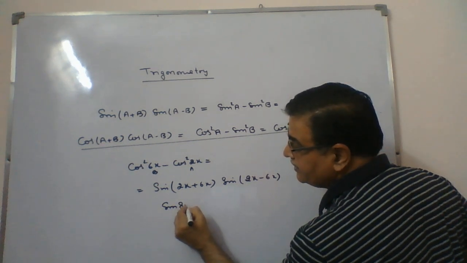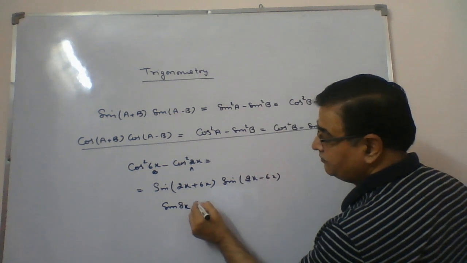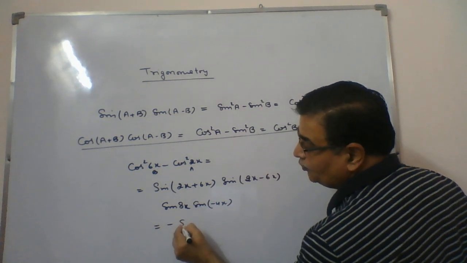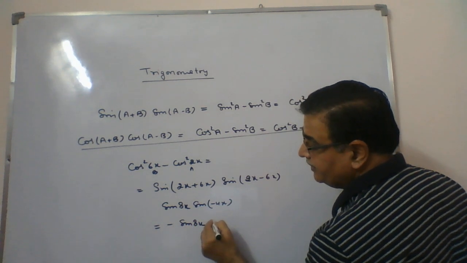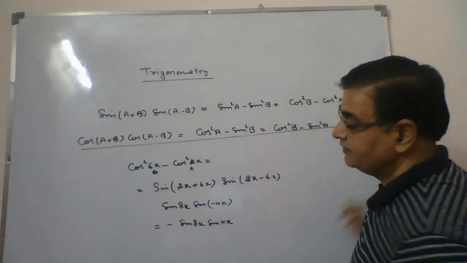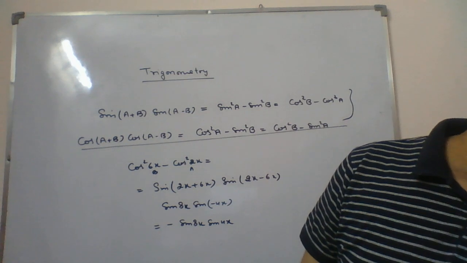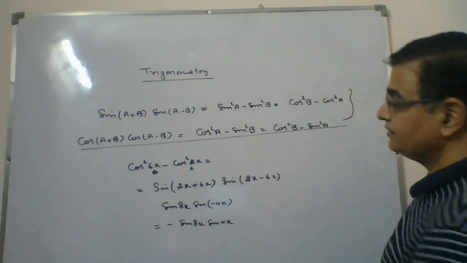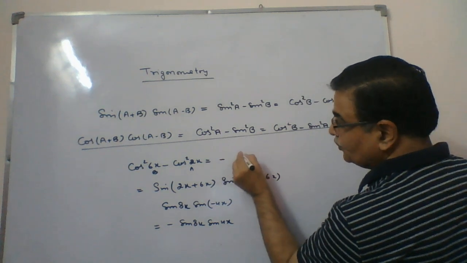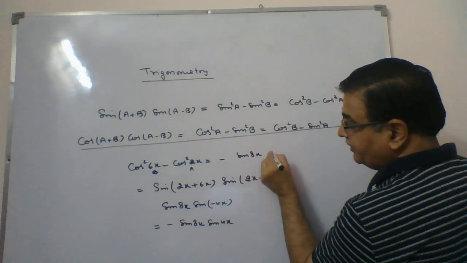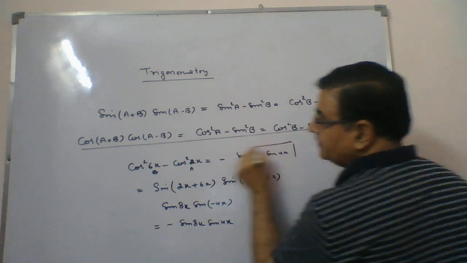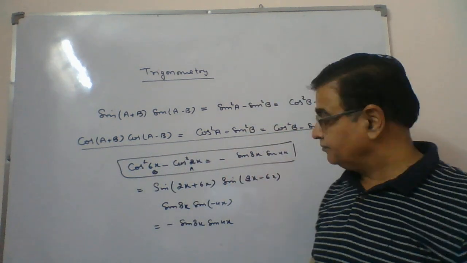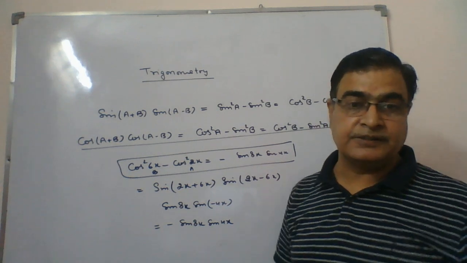Sine of 8x, and this will come sine of minus 4x. Your answer comes out to be minus sine 8x into sine of 4x. So there is a minus sign also. Yes, the result which we started with, you should keep in mind, this should prove as sine 8x into sine 4x. This is the thing we have to prove. So minus I have taken here. We have proved this is coming this.